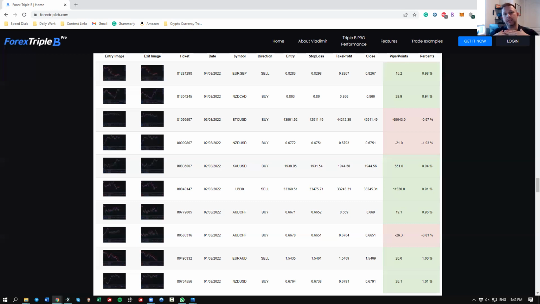There is a pivot level, and there are three or more, of course, there are formulas for more levels which are used as resistances, and three under the pivot level which are used as support.